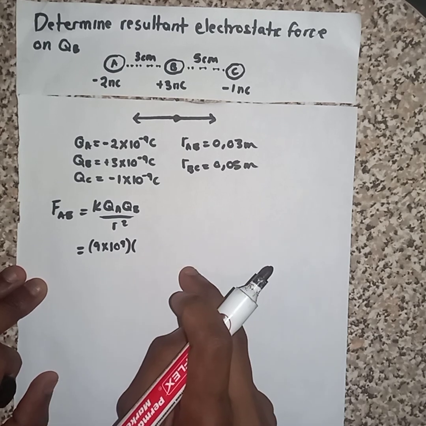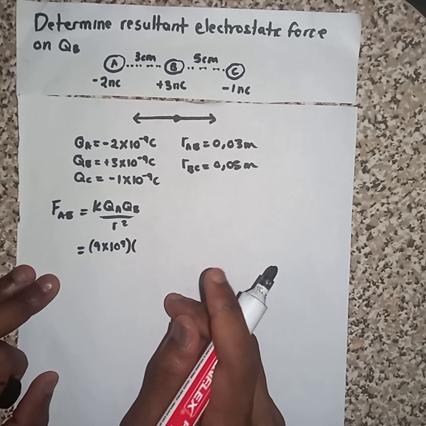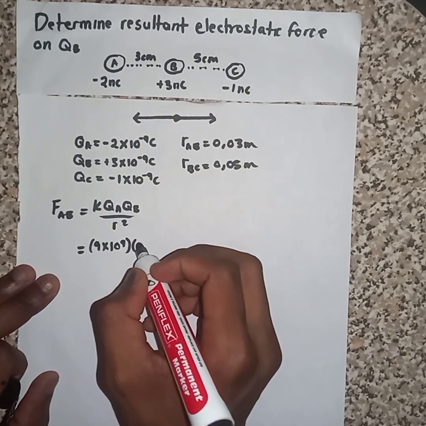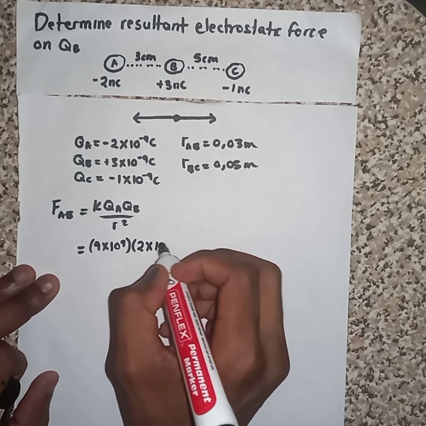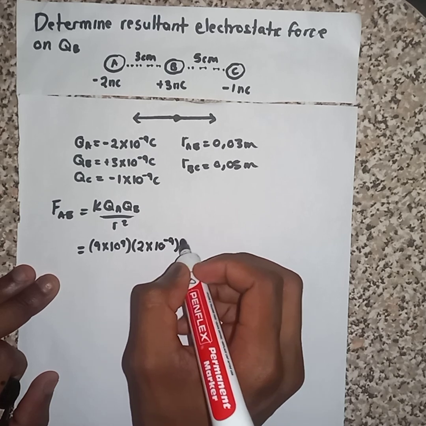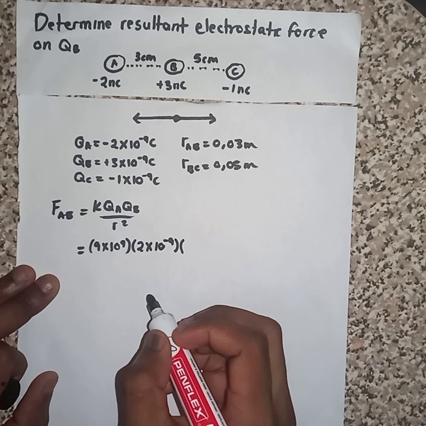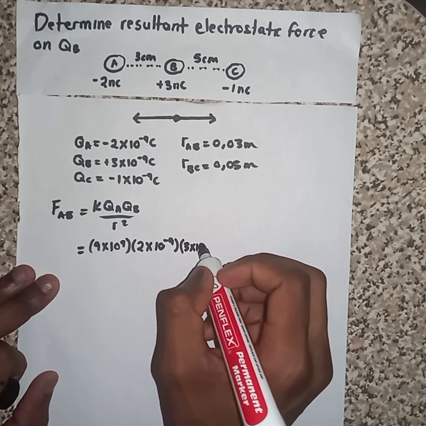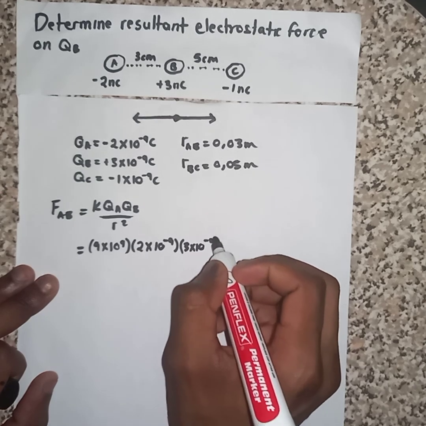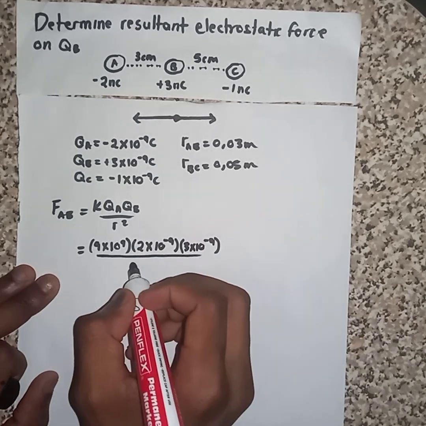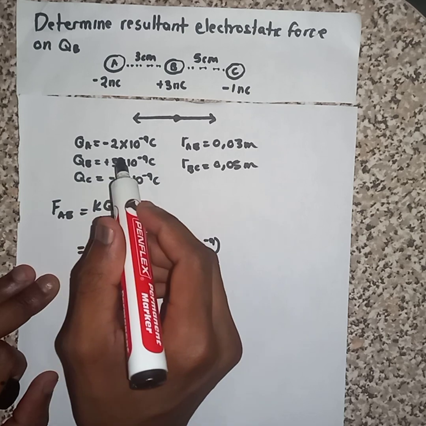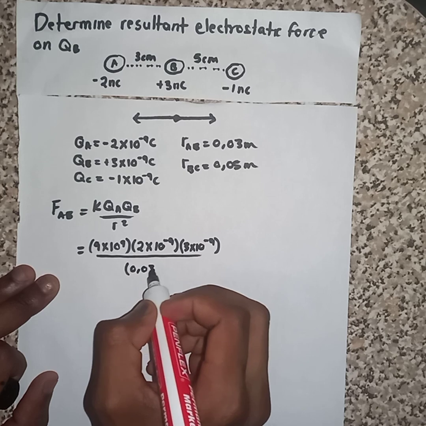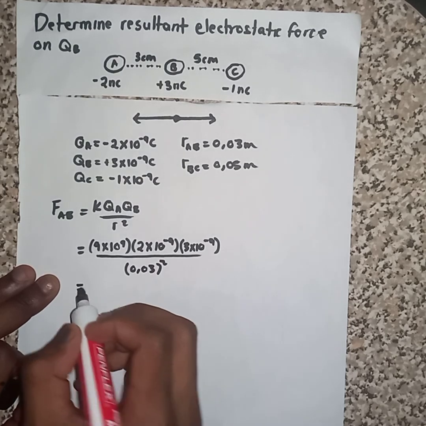At this point, please don't include your negative signs, omit them. Then QA is going to be 2 times 10 to the power of minus 9. Then our QB is going to be 3 times 10 to the power of minus 9. Then you divide everything by the distance for AB, which is 0.03 squared.